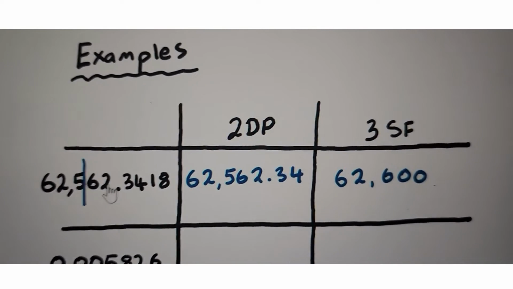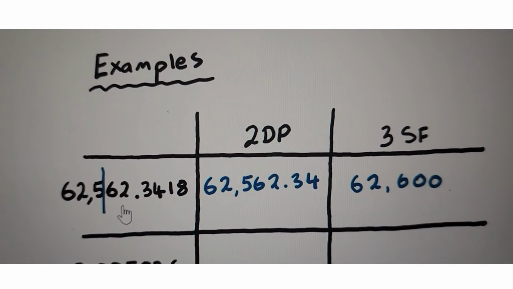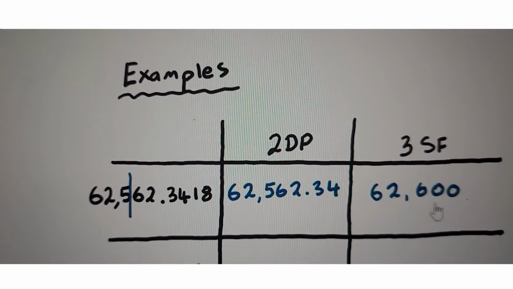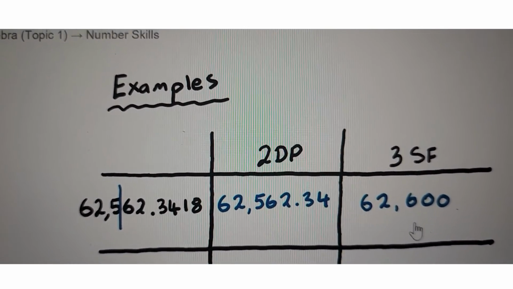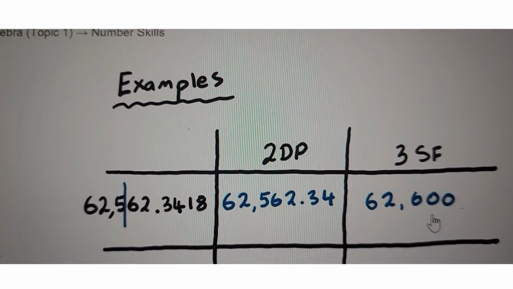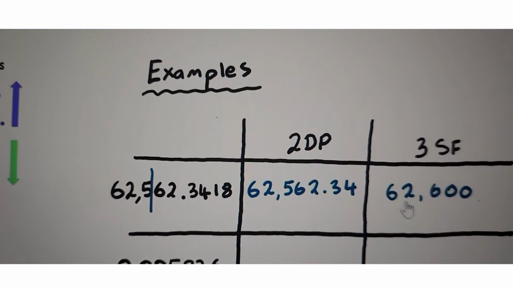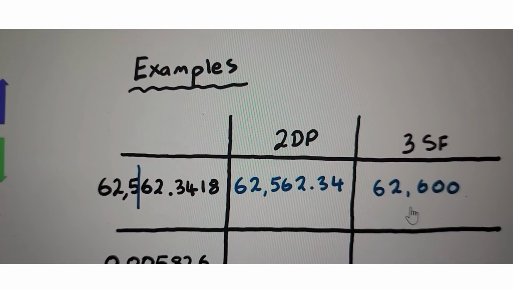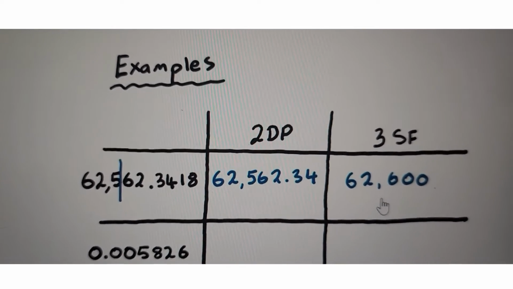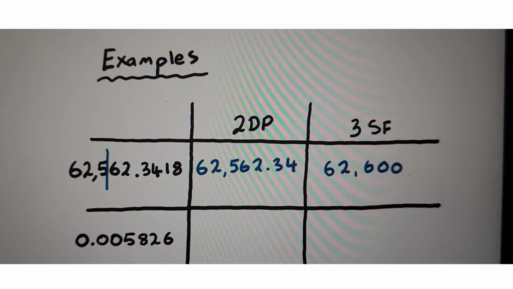Well, I don't really care about the little numbers. I just really care about, well, roughly how big. And this is a good example of roughly how many people are there, 62,600. It wouldn't be a very good rounded option if I said there are 626 people at the stadium. Okay, that's the first number complete.